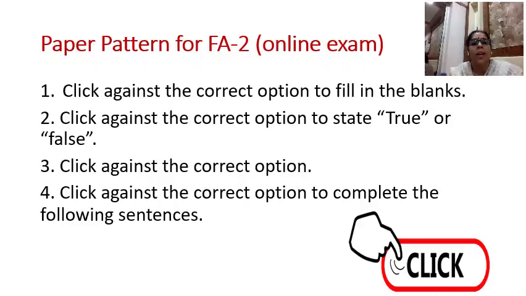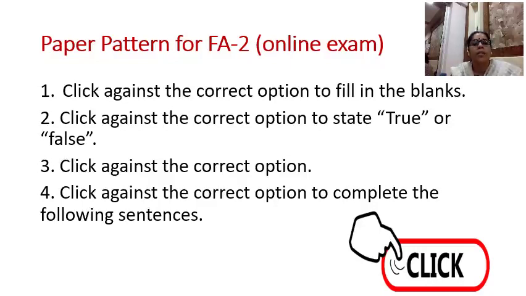Click against the correct option to state true or false. Again, in this question, you will be getting two options, true or false. You have to read the statement, understand it, and identify whether the statement is true or false, and accordingly click on the correct option.